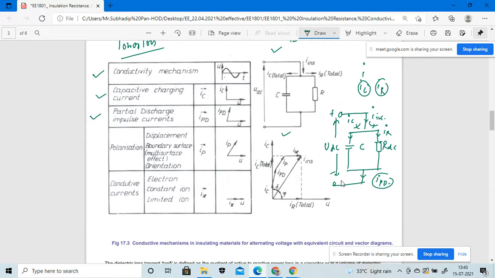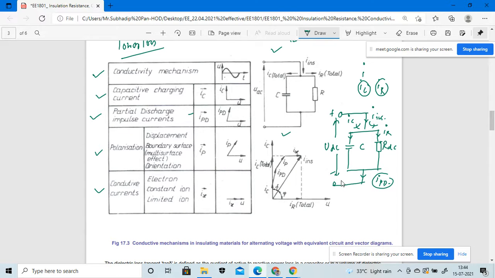So for considering the power loss, we have to take IPD into consideration. We also have to consider the polarization, which will be my IP, the polarized current, and the conductive current, which will be taken as Ix.